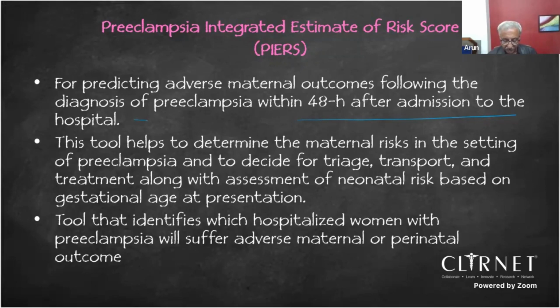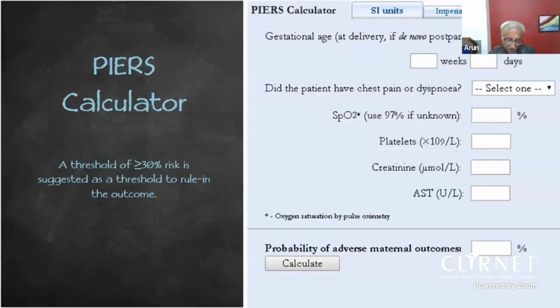This tool helps to determine the maternal risk in settings of preeclampsia. There is a calculator where you put the gestational age, SpO2 value, platelet value, creatinine value, and liver enzyme value. It will give you the probability of adverse maternal outcomes. This is available online.